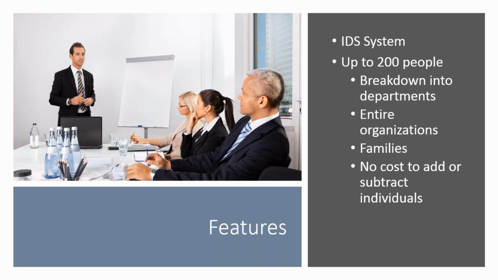You can include the entire organization, or you can break it down into departments. For example, you can take your IT department and just plot them on the wheel, or HR, or sales, or whatever, to get an idea of what behavior styles are in the organization.